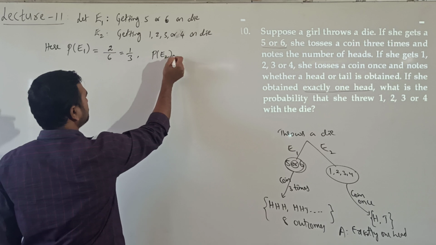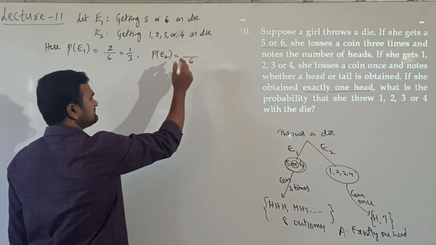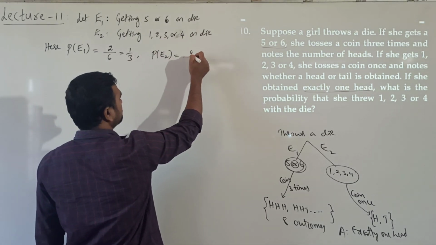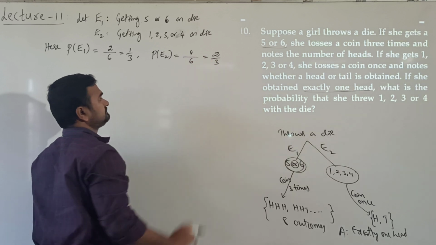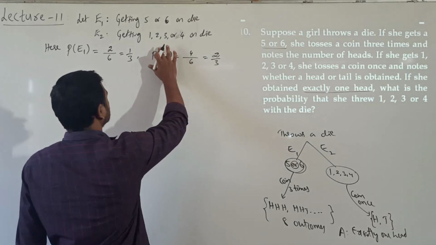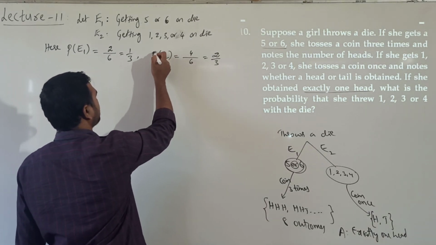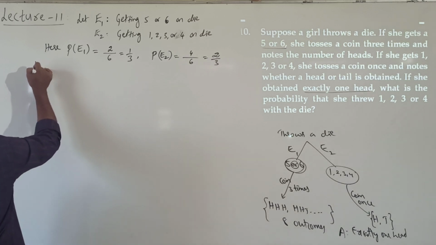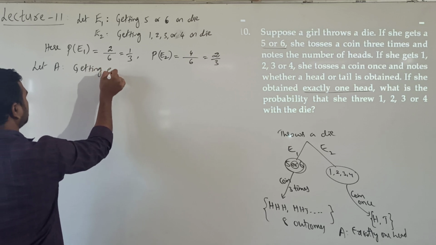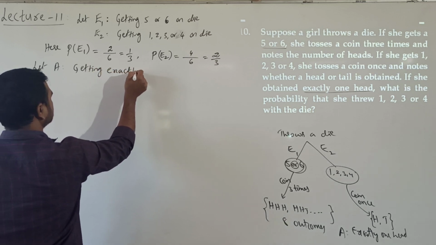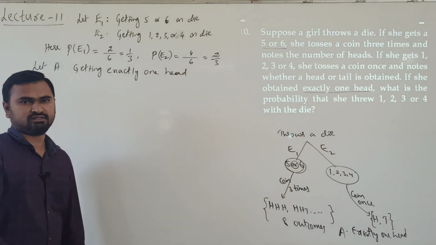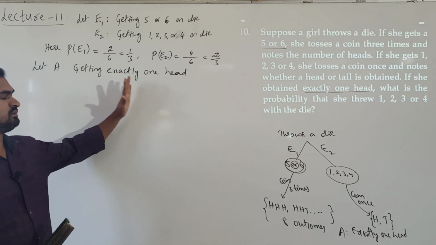And probability of E2: again there are total 6 cases. In that, how many are in favor? Getting 1, 2, 3, 4. 4 cases are in favor, which is 2 by 3. So probability of E1 we know, probability of E2 we know. Next, let us define the common event. Let A be the event of getting exactly one head.